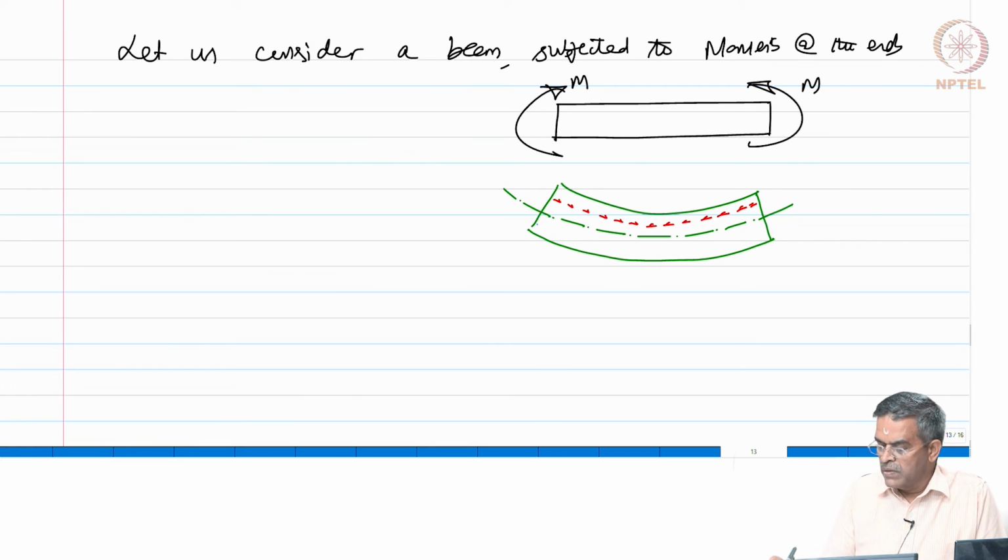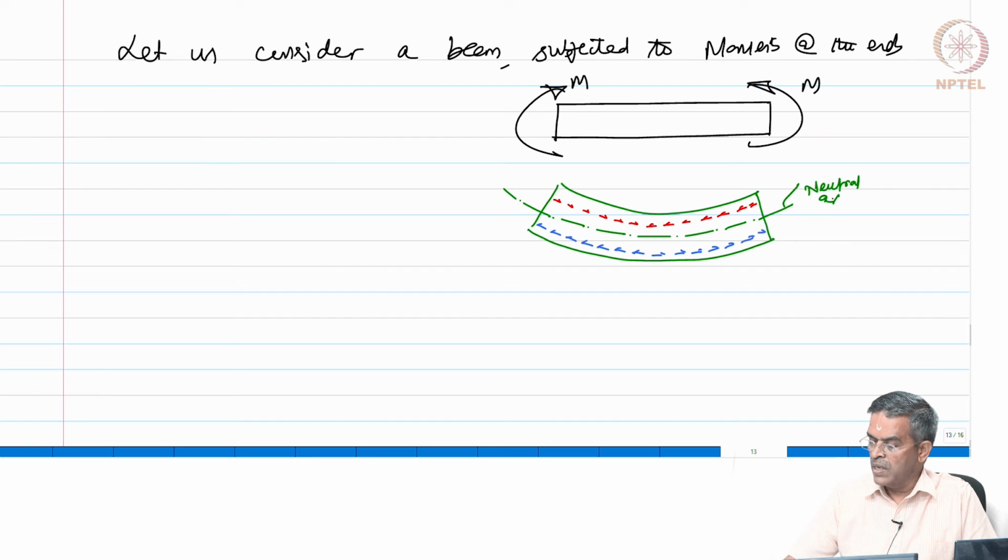Below the neutral layer, things will be under tension. So, we call this the neutral axis. Okay, this is the bending action of the beam.